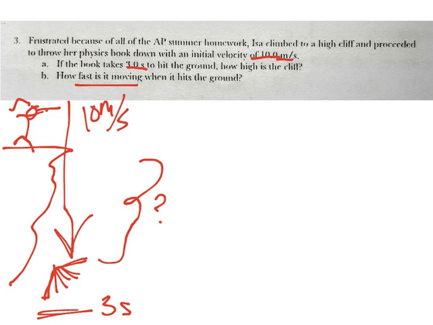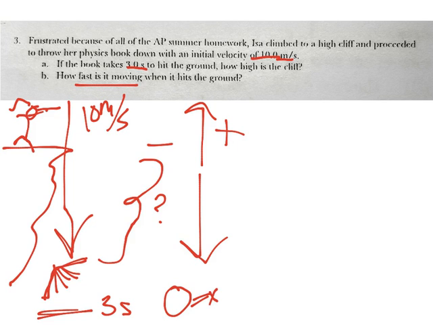So on your drawings you want to say which is up and down. Again, I'm going to call this positive, and I'm going to call this negative. I'm going to call where it hits 0, and therefore where it started from is going to be some positive number that we don't know.